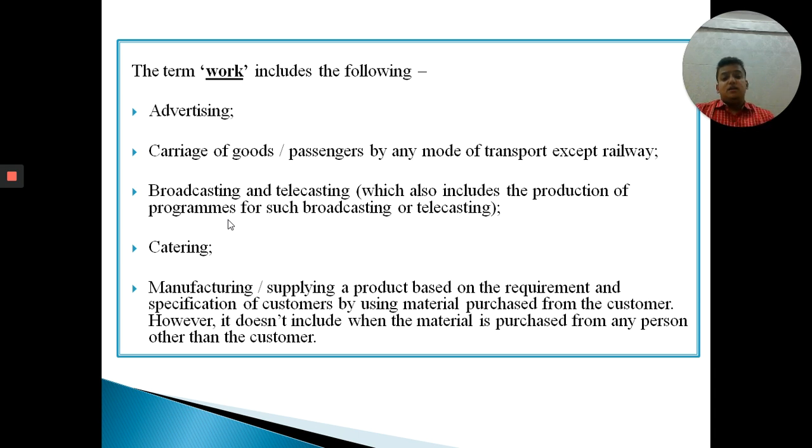Suppose A and B: A is the person who gives the contract to B. Therefore, if any person who is also related to A, suppose XYZ, sells materials to the person B, that is the resident contractor, then this will also come under section 194C. This is a very important point, my friends.